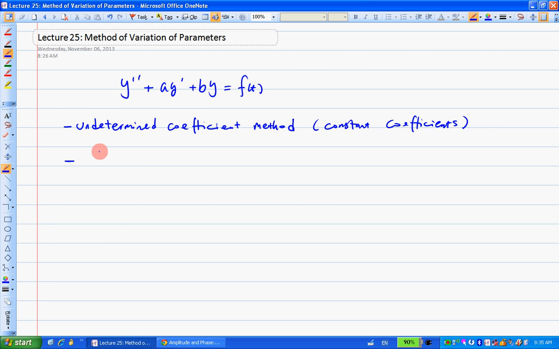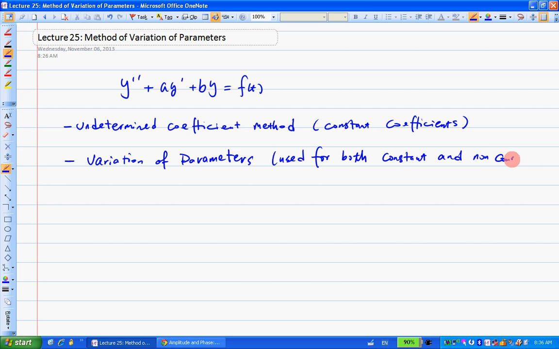So the second method that we're going to look at is the so-called variation of parameters. This method can be used for both constant and non-constant coefficients.